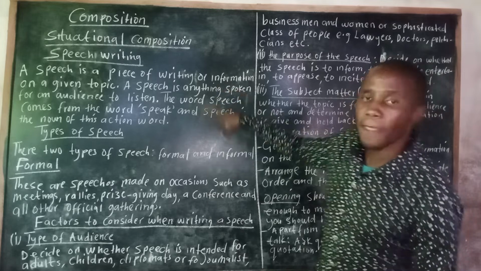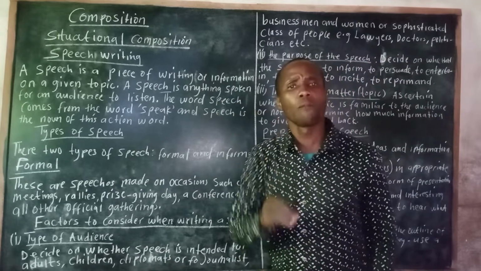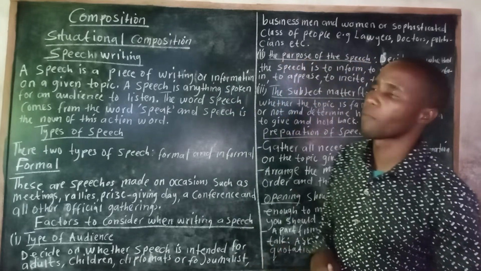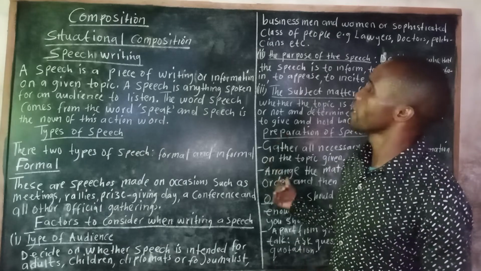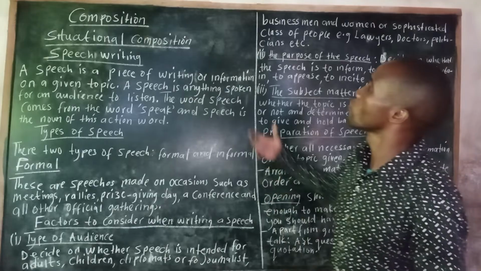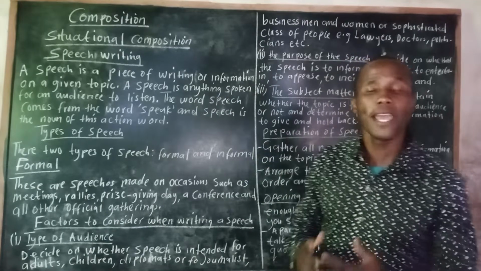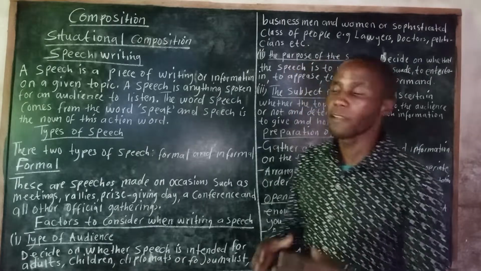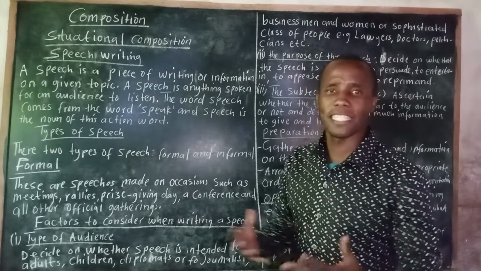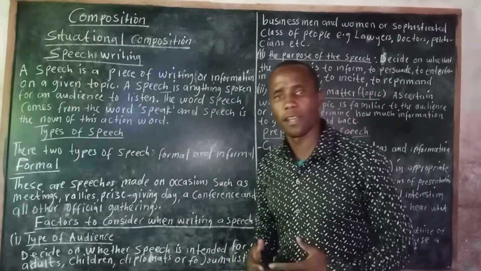Okay, and the freestyle composition is found in paper 1, section A. Then section B, paper 1, is where you are going to find the situational composition. For freestyle composition, there are even questions which are asked in a general way.